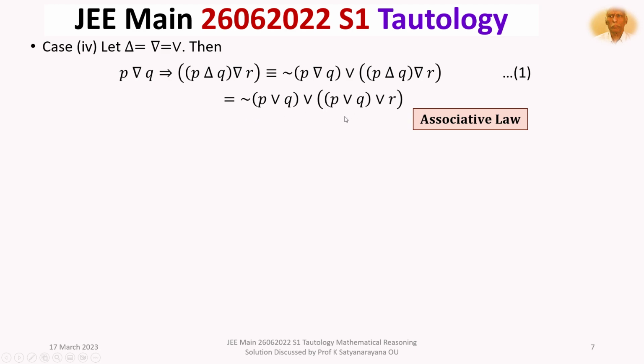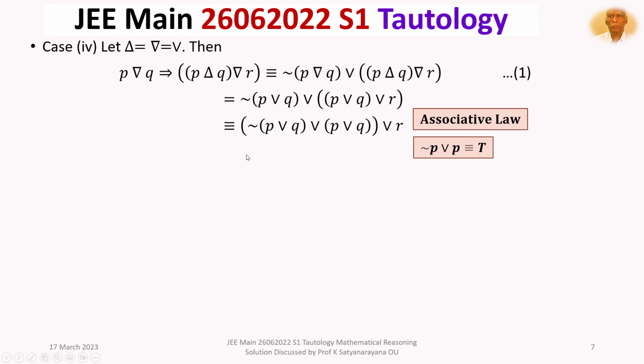That is negation of P or Q, or P or Q, in brackets, or R. Negation of P or P is a tautology, identically equal to T for all values.